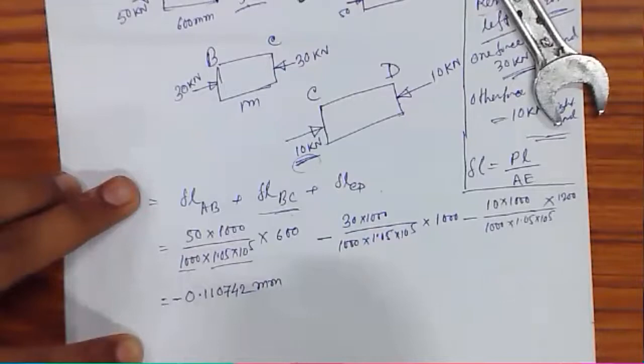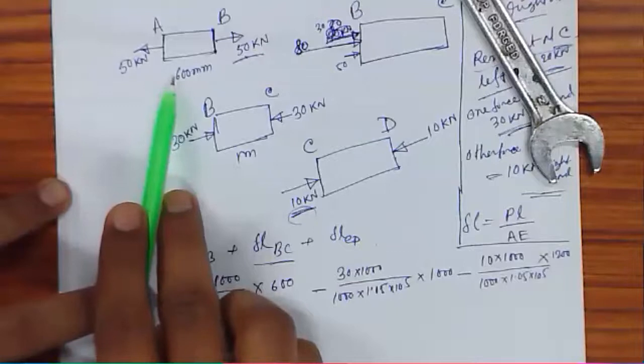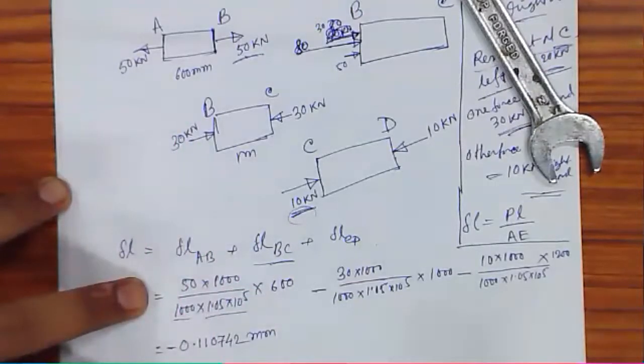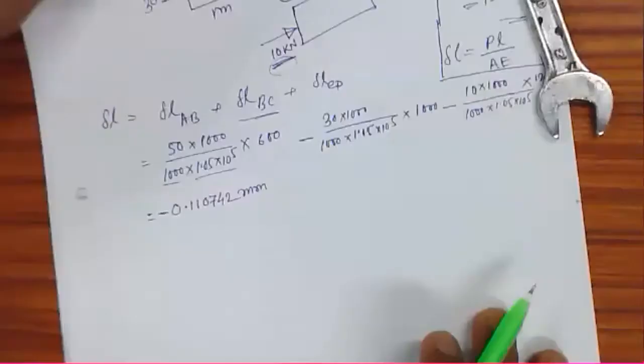So can you once please show the first section, AB section's free body diagram? We start from any of the sides. Okay, I'm not sure about the answer.